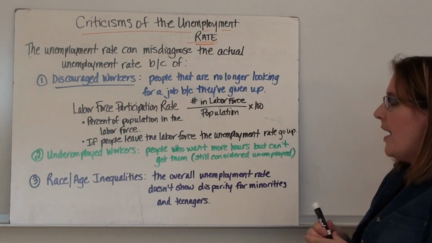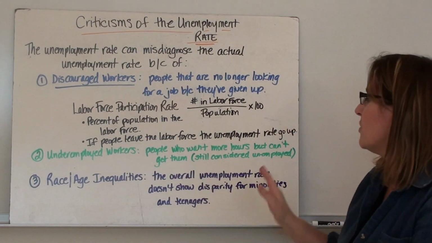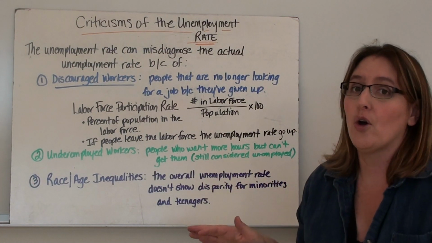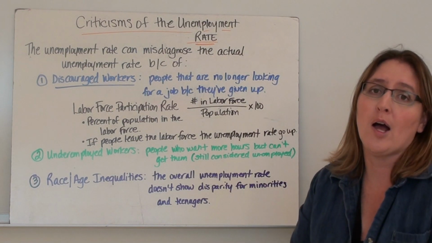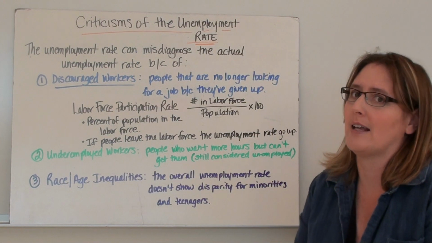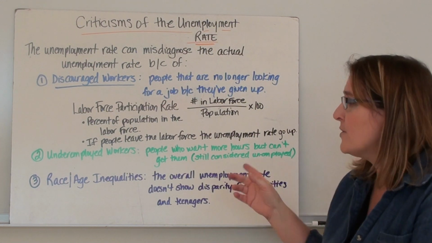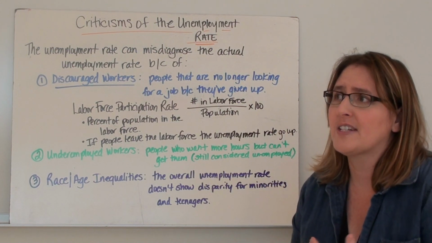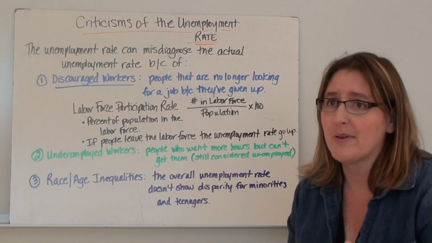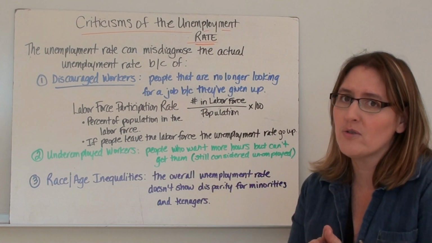Okay. Second thing, underemployed workers, people who want more hours but can't get them. So if people get a part-time job but need a full-time job, they don't count as unemployed because they have a job. Doesn't matter what kind of job it is, it doesn't count. Also, if their skill level means they could have a better job, maybe they're an airline pilot or something, but they're working at Home Depot, that's also considered underemployed.